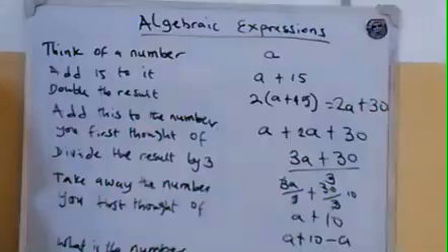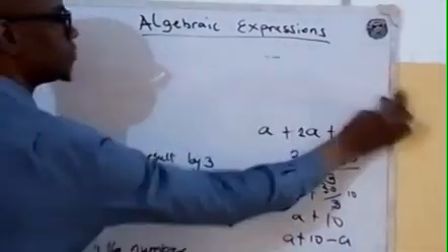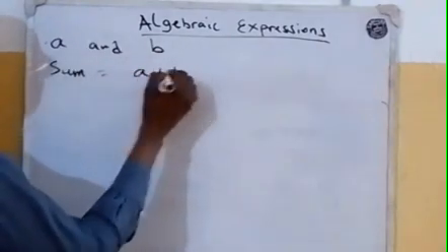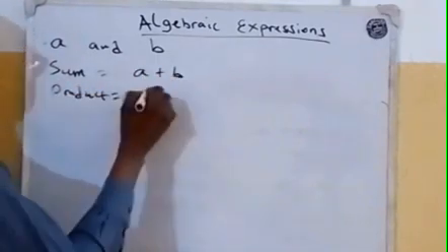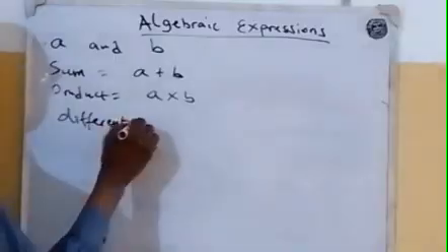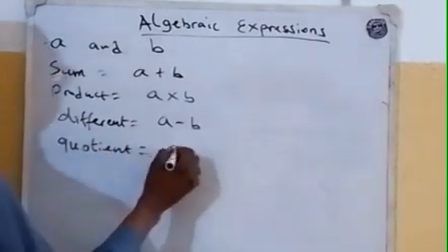Okay, so if A and B are alphabets used to represent numbers, we speak of the sum of A and B, the sum of these two variables, as A plus B. The product, we speak of it as A times B. The difference, we speak of it as A minus B. The quotient is dividing, A divided by B.